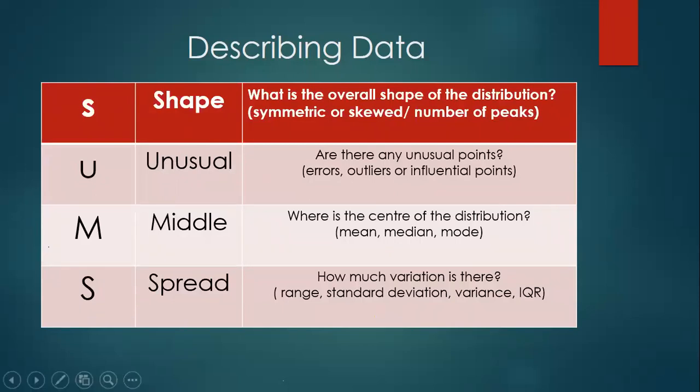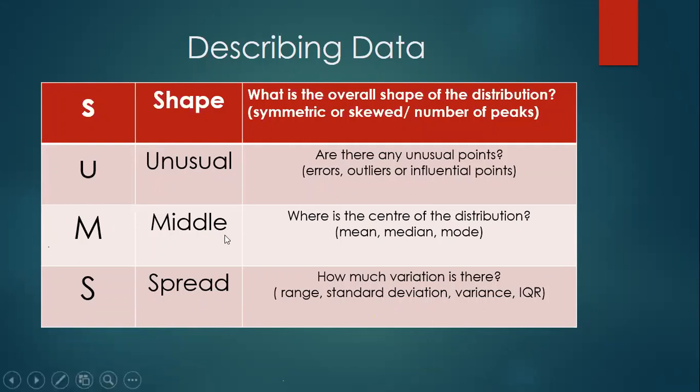You know that we can have errors, outliers, or influential points. We know that an outlier is a cause of a distribution being skewed, so once you have an outlier, you know that your data is going to be skewed.